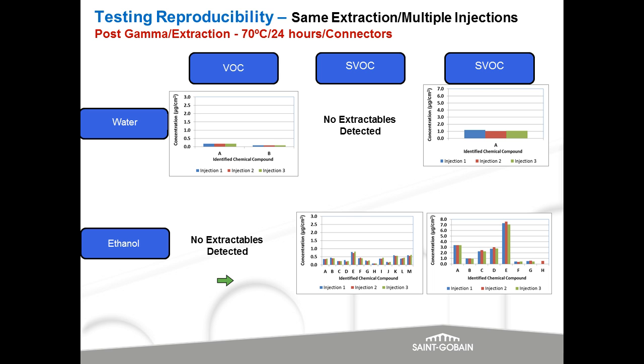So if we look at this chart here, the water VOC chart, we can see that there are 3 different injections, and we had the equivalent concentration of all the cumulative extractables. So we found in this one that for each of the injections, we had the same level.